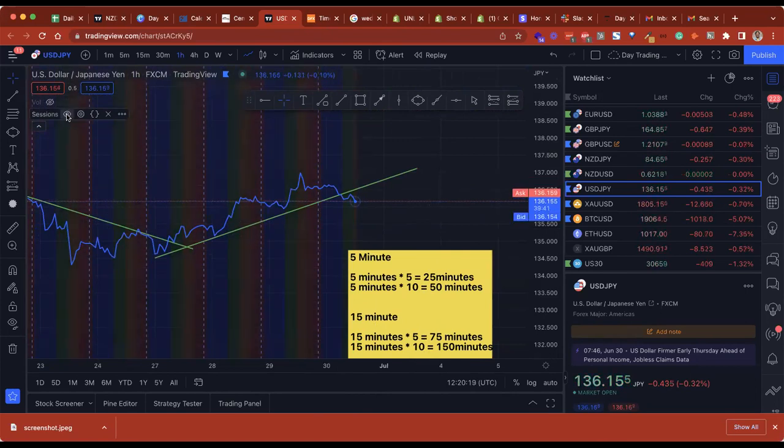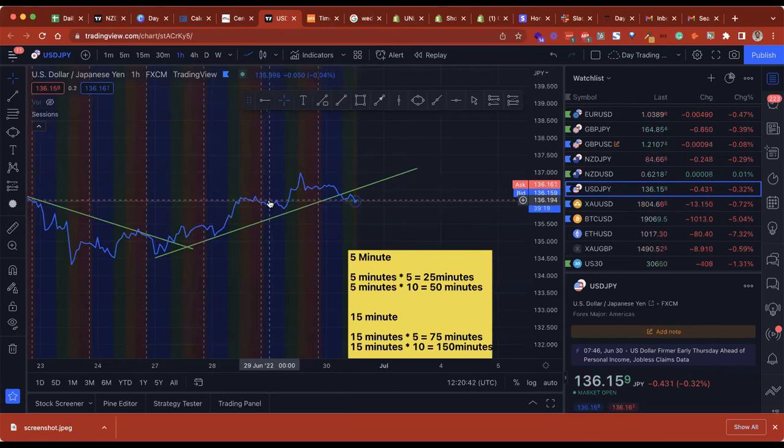Building upon last session, on TradingView there are a couple of indicators. Indicators are cool functionality that you can add to your chart to give you more information about what's going on. For example, somebody built an indicator called sessions, and what it does is color-coordinate each session, each market open.